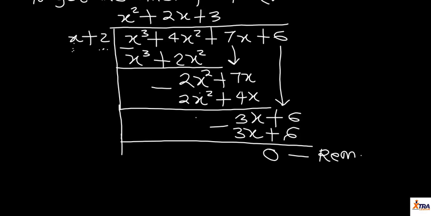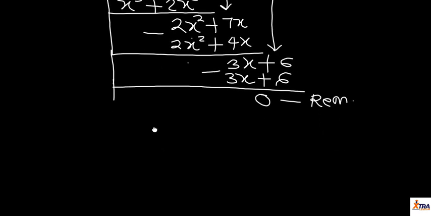Now, what I am concerned about is the quotient, which, as we expected, is a quadratic expression. So it suits our purpose of having a quadratic factor and a linear factor.